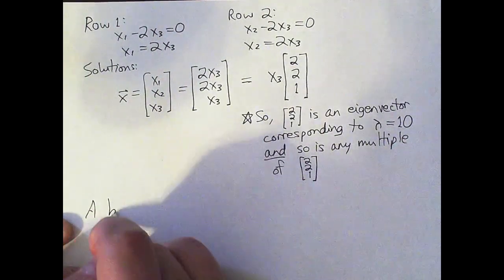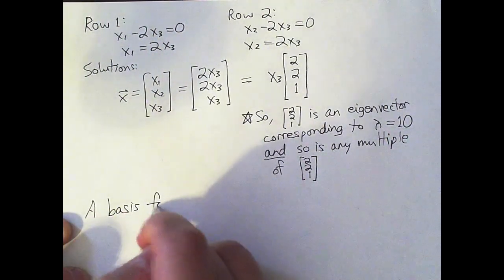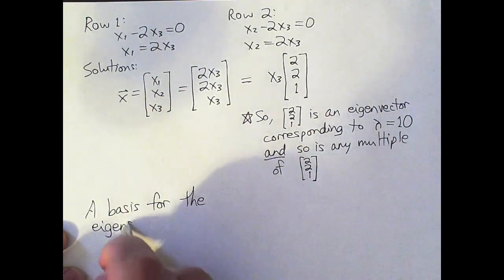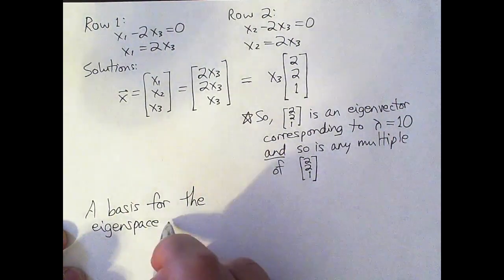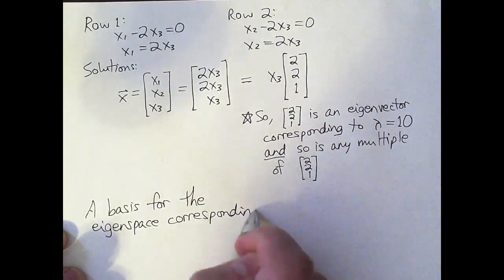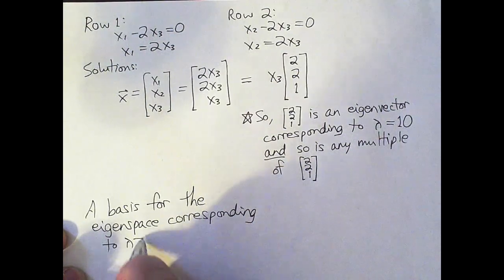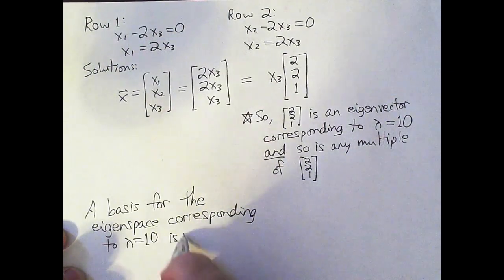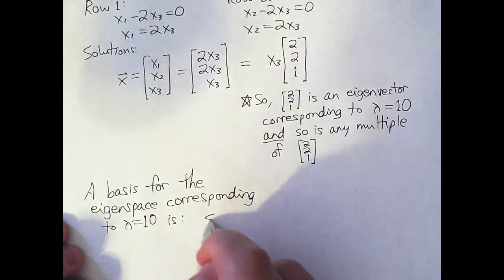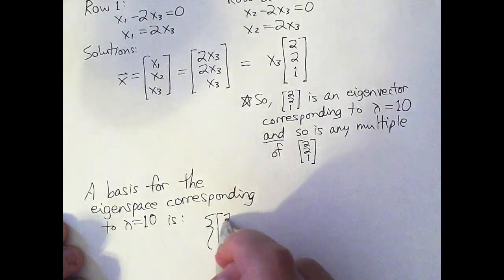So a basis for the eigenspace corresponding to lambda equals 10 is the set containing this vector.